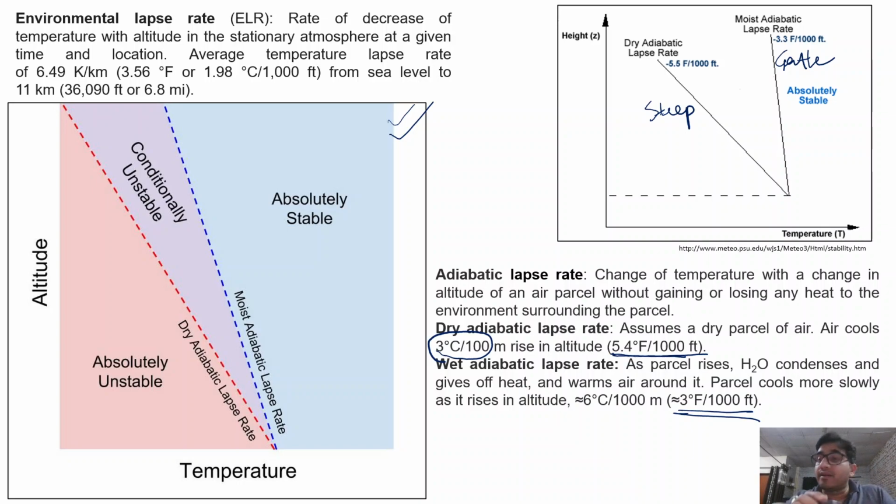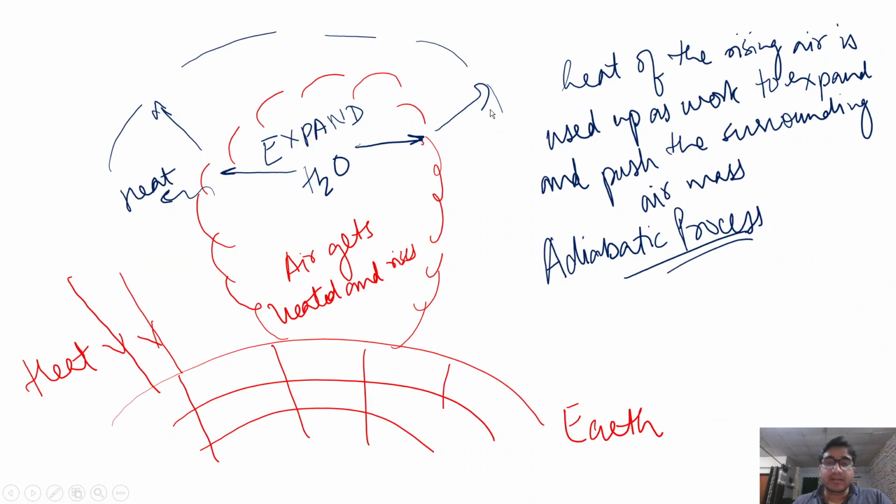once the rising air mass cools more slowly than the environmental lapse rate, it means that the atmosphere is unstable. Now what happens over here?